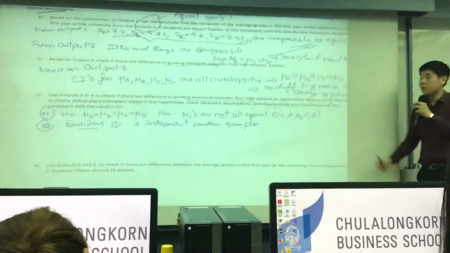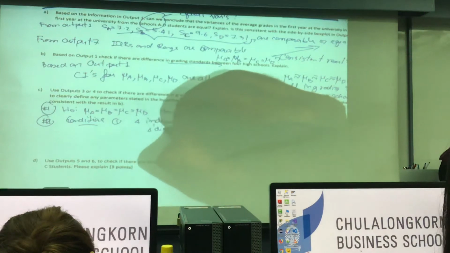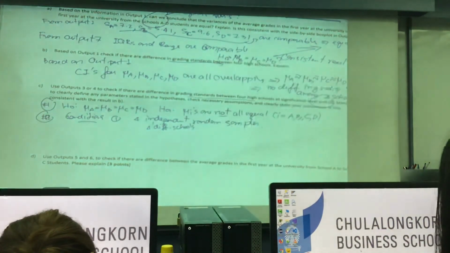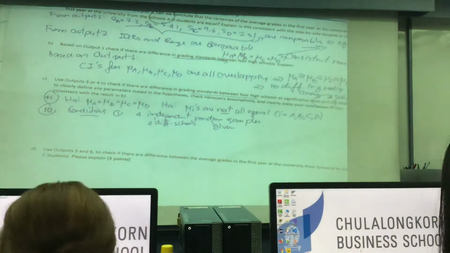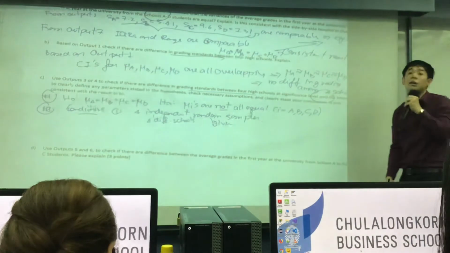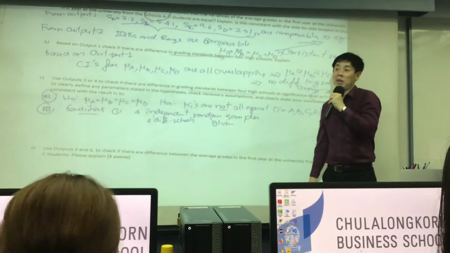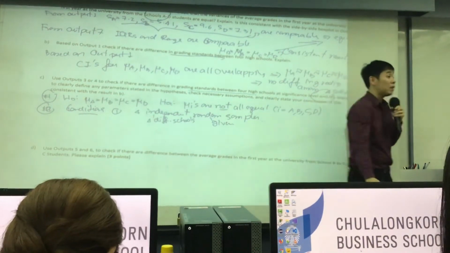Keep in mind, from this one, you have to check things. Independent, you say for different schools. Random, the question given. Without it being specified, how do you know? Some points will be deducted. I need you to do that because when you do real research, you need to be aware of that.